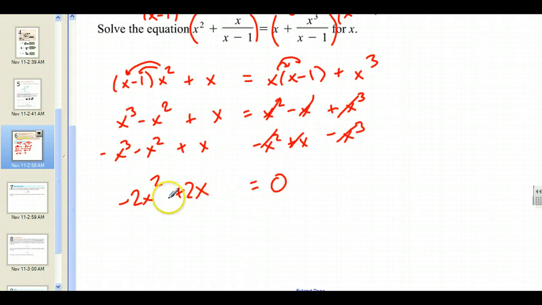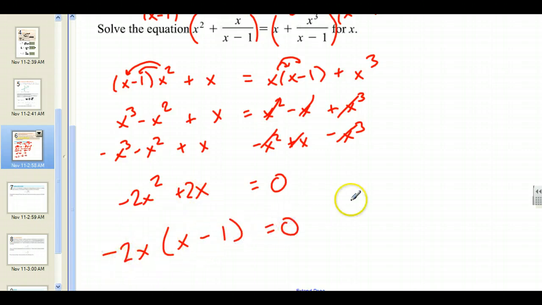Alright, now first thing I'm going to do is factor. I've got a polynomial set equal to 0. I factor it, and I'm going to pull out the GCF of negative 2x. Now I could have just brought out a 2x, but because this leads with a negative, I'm going to put out a negative 2x. So that leaves me here with an x, and negative 2x divided by negative 2x is minus 1, equals 0.